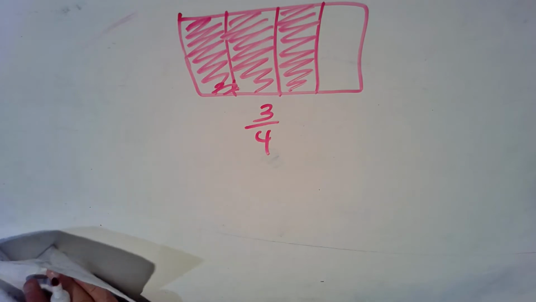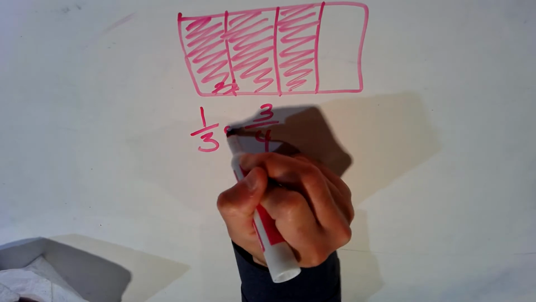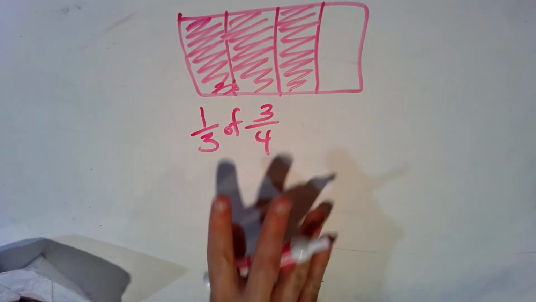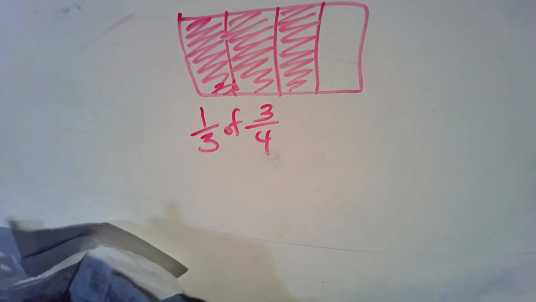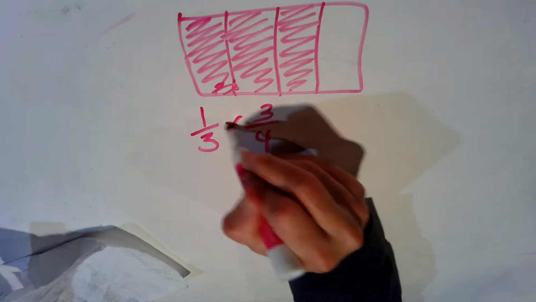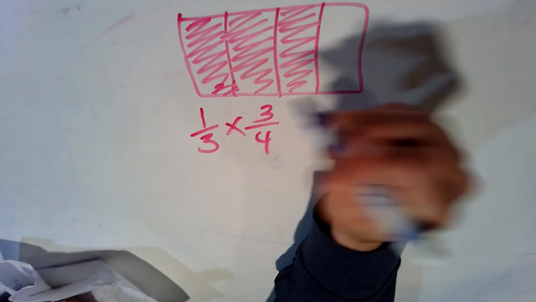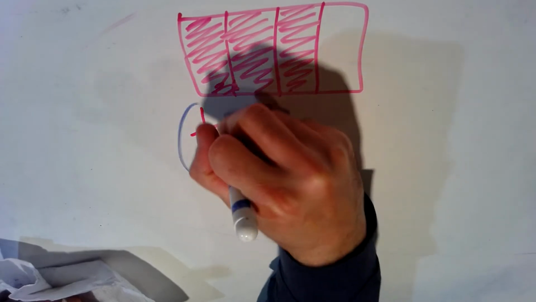If I have to give 1/3 of the 3/4 to somebody else, let's figure out what 1/3 of 3/4 is. Of means multiply, right? So what I'm going to do with my 3/4 is I'm going to break it into thirds because I want to find a third of it.